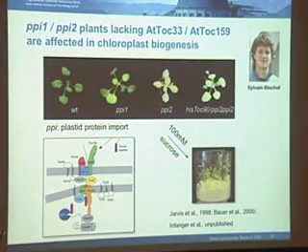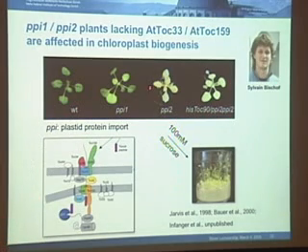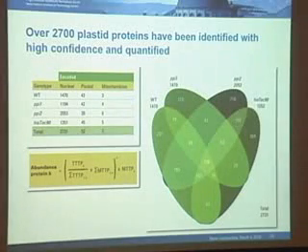So he started to do proteomics on the chloroplasts of these mutants, because the rationale was, if we are not having all these abundant photosynthesis proteins, we should be able to detect additional proteins that are imported into the chloroplast. And the answer is yes, he did identify them.